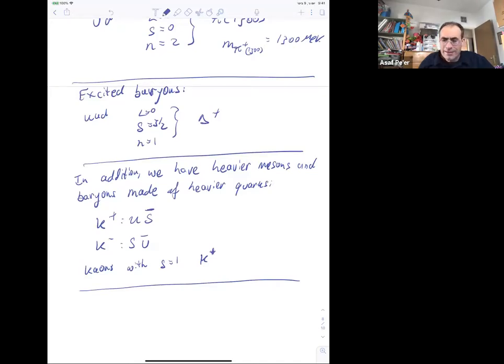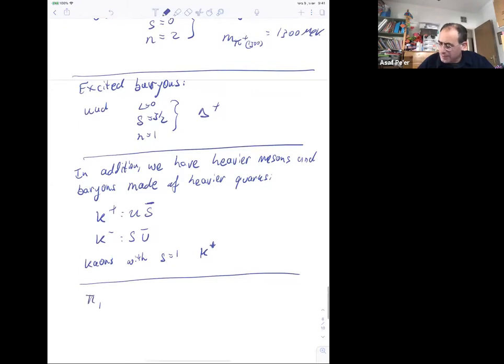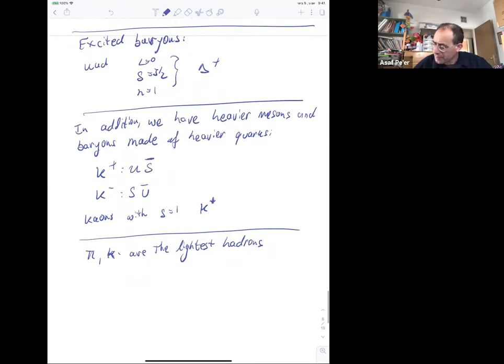So the lightest hadrons we have are the pions and the kaons. These are the ones that are mostly produced and mostly observed in experiment. And of course, they have the longest lifetime, so these are the most easily detected.